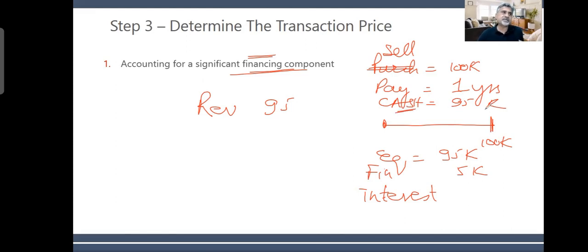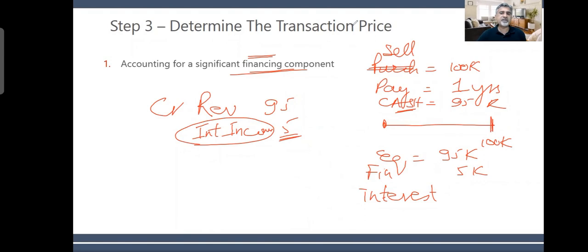So it means my services have a value of 95. So I would be making a double entry like this. In this case, there is a revenue, which is 95, and then there is a 5, which is called interest income, okay, finance income. So 5,000 is not part of revenue. 5,000 is actually interest income.